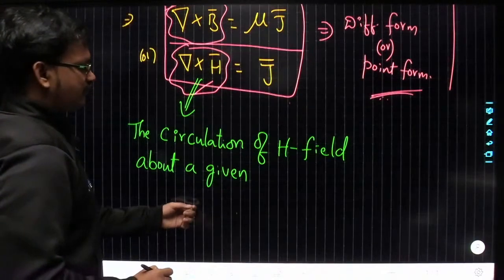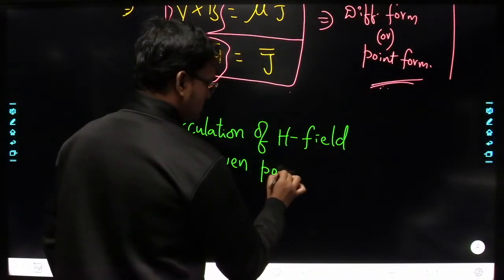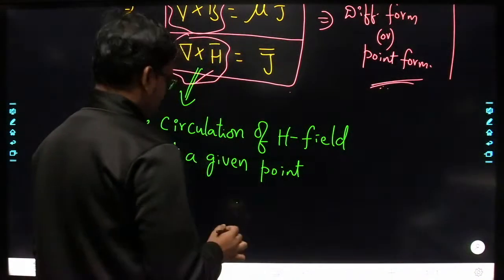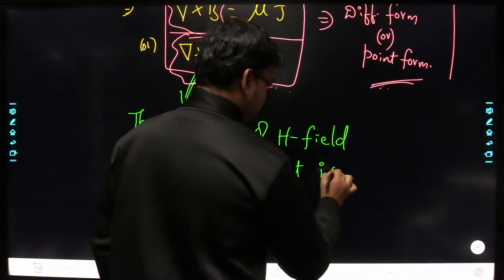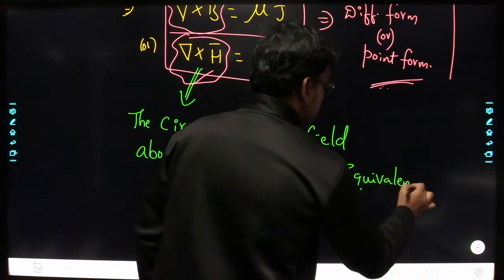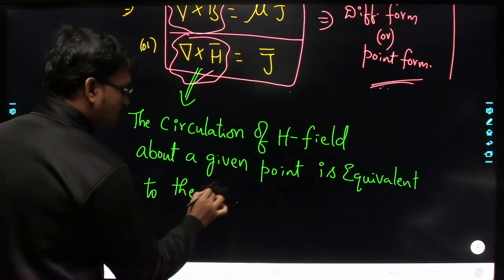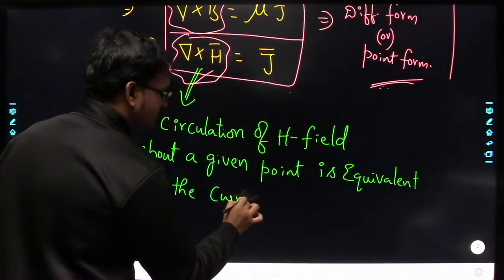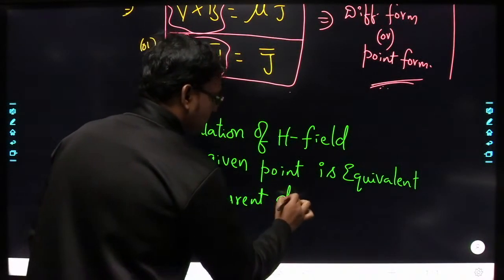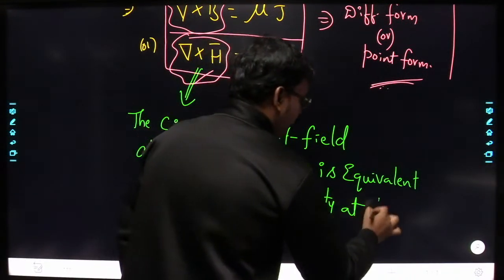The circulation of H field about a given point is equivalent to the current density at that point.